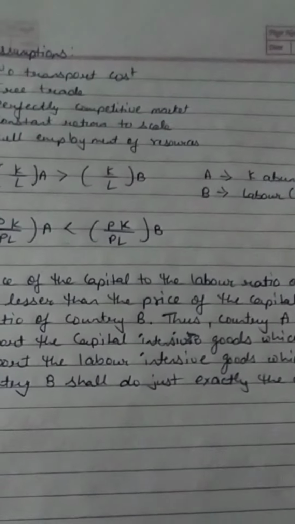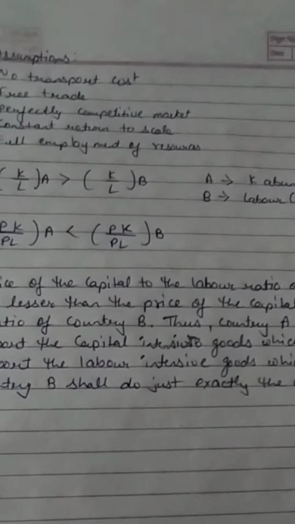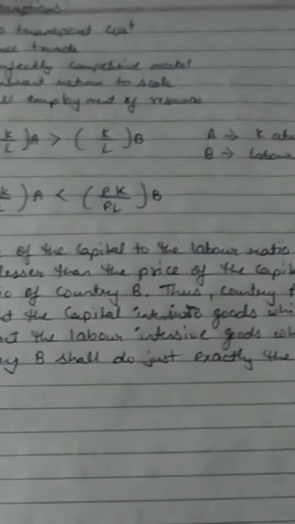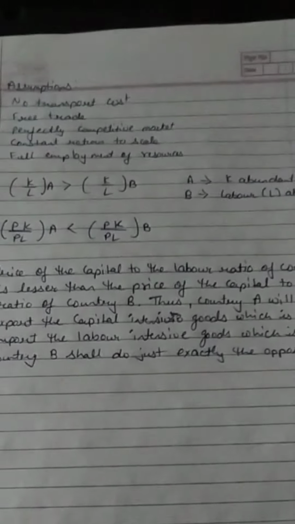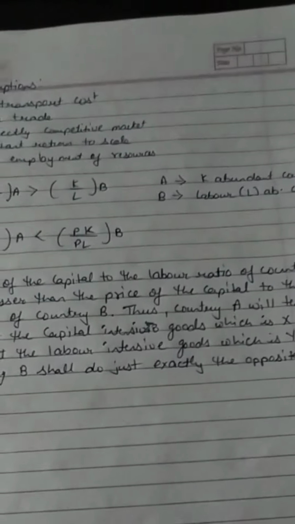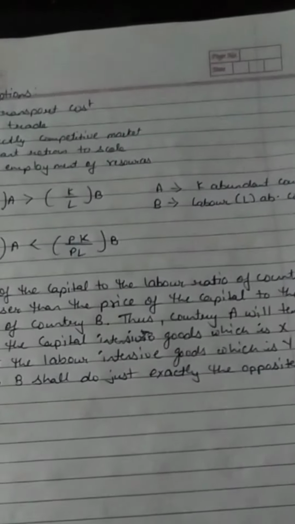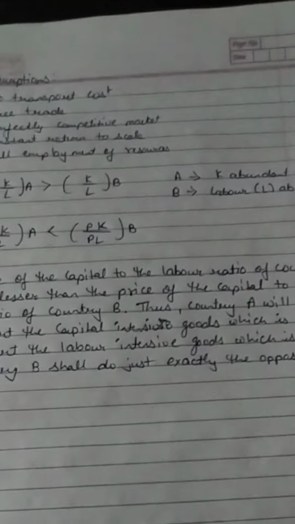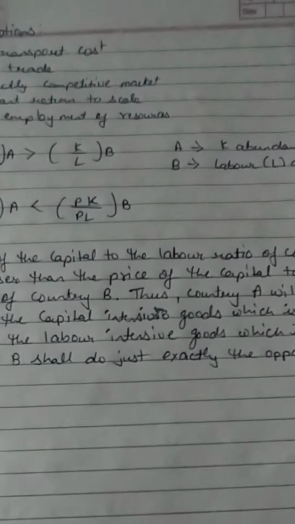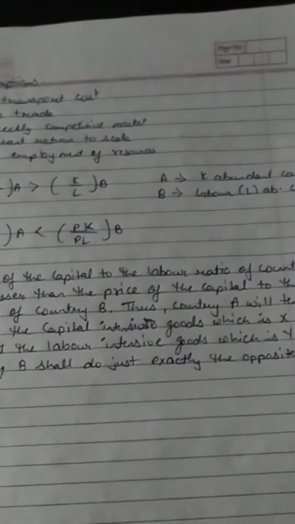Here country A is a capital-abundant country and country B is a labor-abundant country. So if a country is capital abundant, it should export capital goods, whereas if a country produces labor-intensive goods, it should export labor-intensive goods.